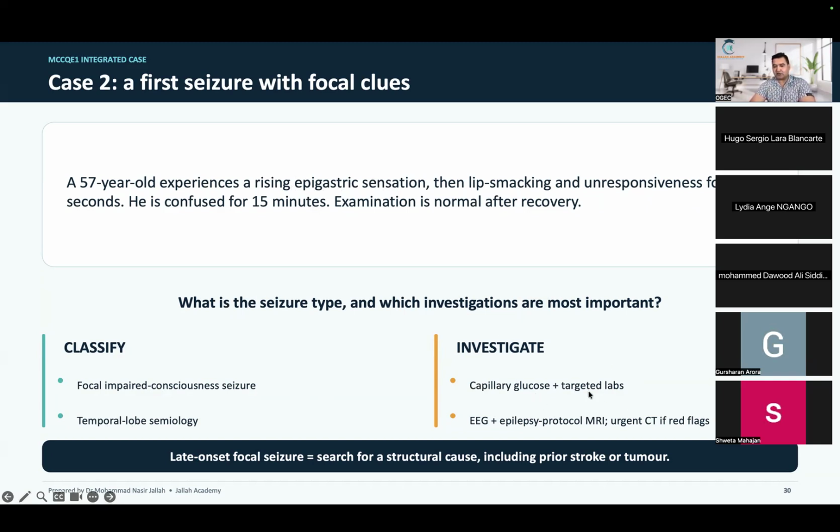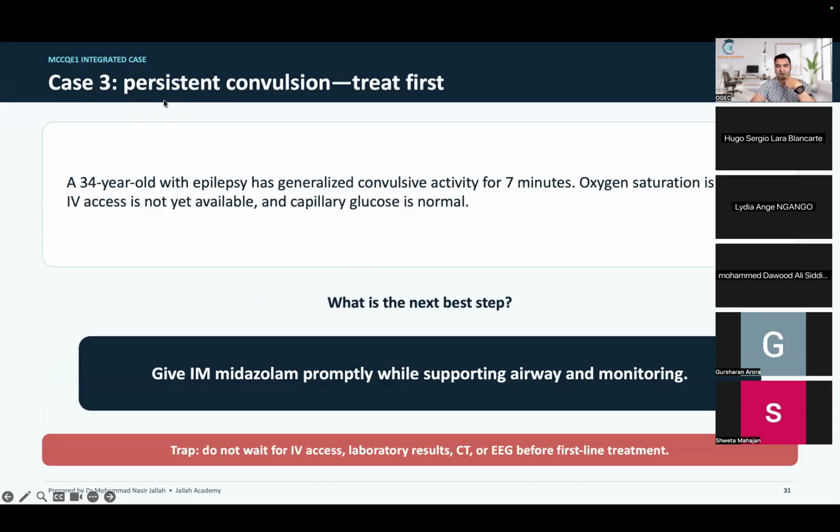Capillary glucose, targeted labs, EEG, epilepsy protocol MRI, because it is the first episode of epilepsy. And urgent CT if red flags are positive. Since the patient doesn't have any red flags, I will skip the CT scan, but I do the MRI and EEG.